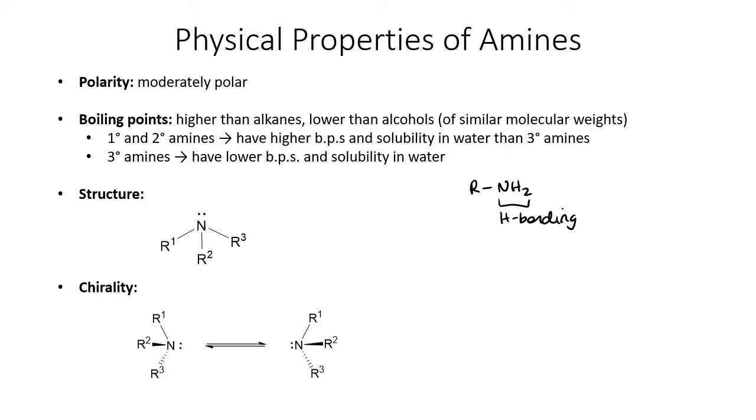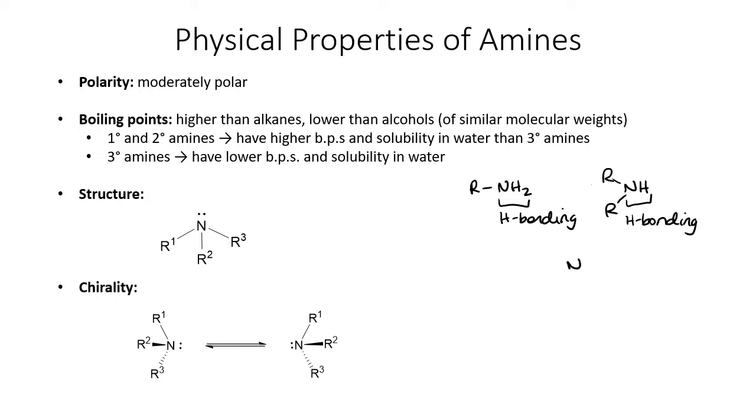With a secondary amine, we also have an NH bond, but only one. So this can hydrogen bond, donate, and accept, but still it's a little bit less than a primary amine.